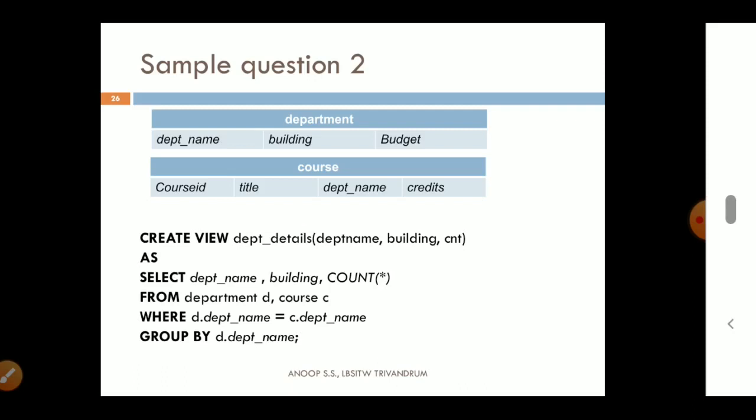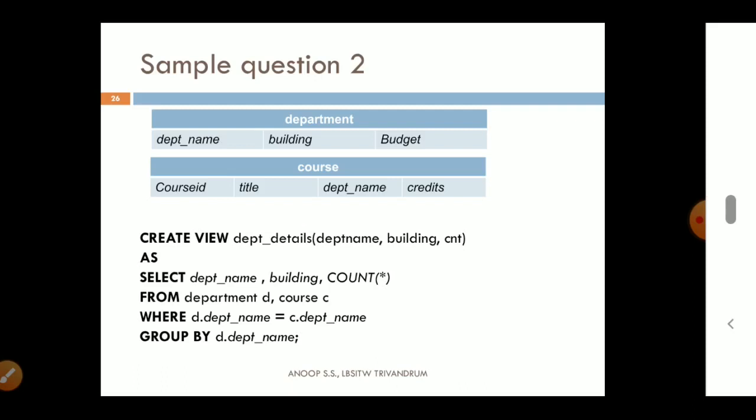Okay, so it will be created as a result set, and this result set will be available as the view department details. Here I have written some other things along with the view name. In parentheses I have written three names, and these three names will be the attribute names in the view.